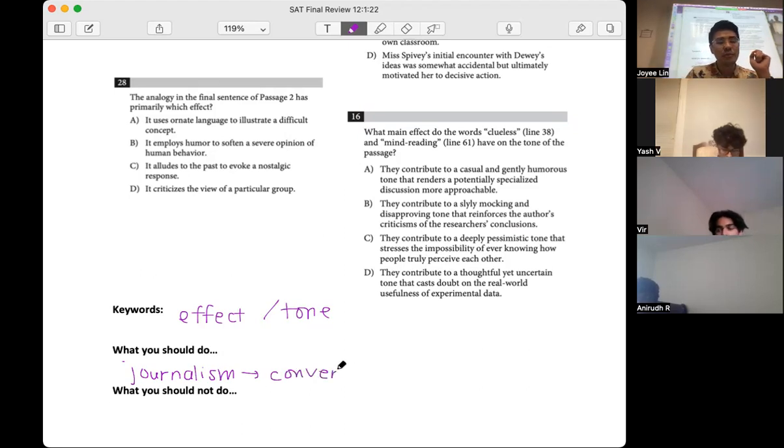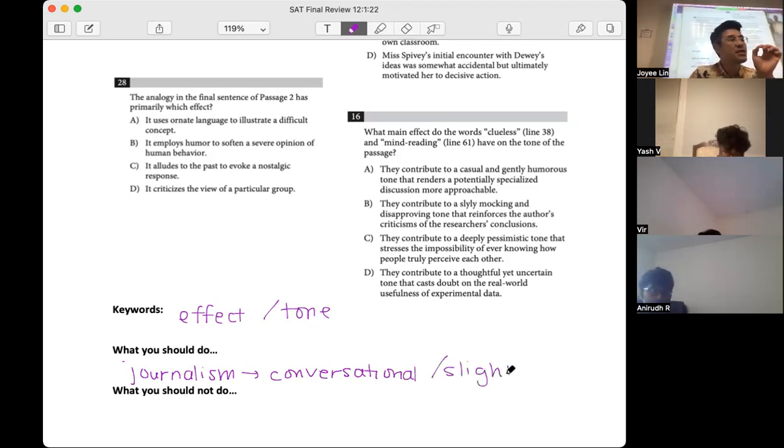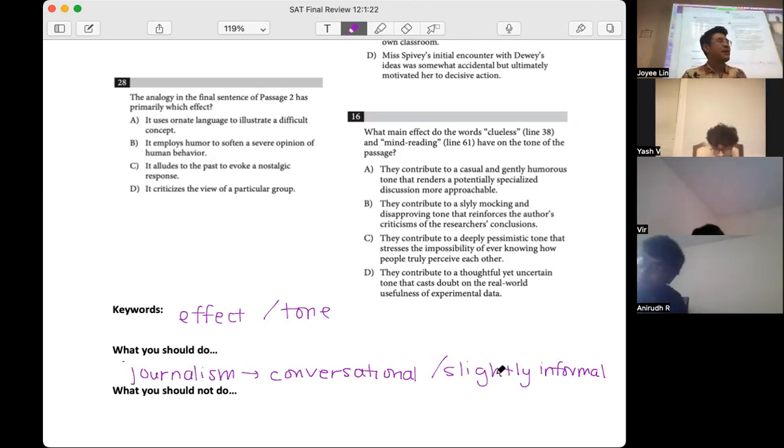If you're too formal, you're going to turn away your reader, right? Journalists use a conversational, slightly informal tone, right? They're going to use slang. They're going to use weird, I don't want to say cliches. Analogies. Analogies, yeah, right? In fact, what does analogy typically do? It takes a very difficult topic and makes it slightly more approachable.